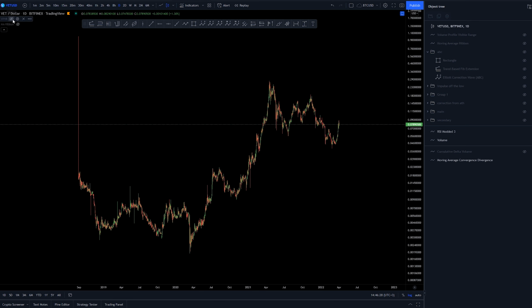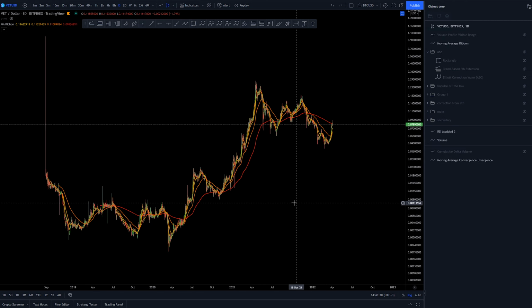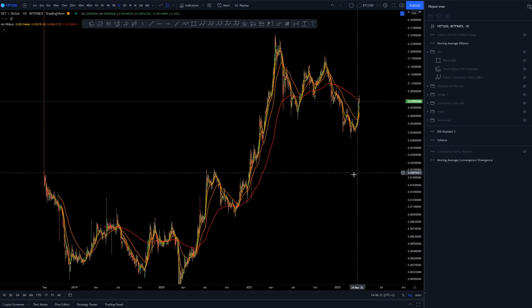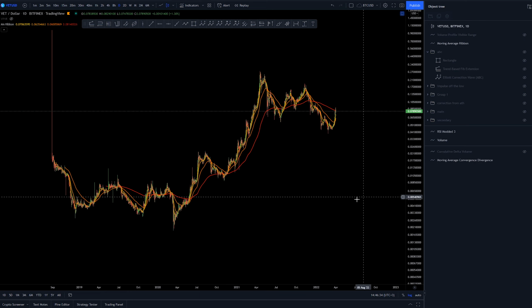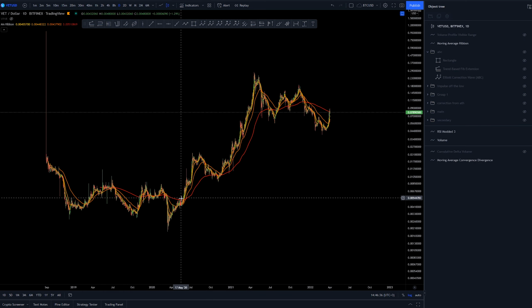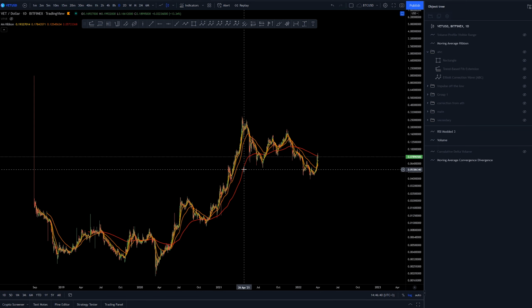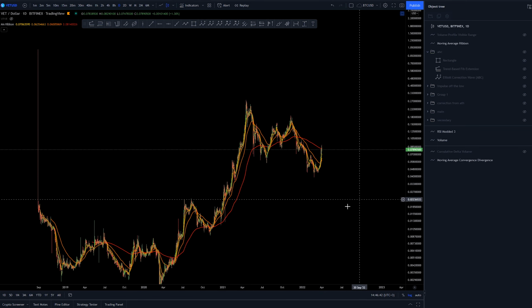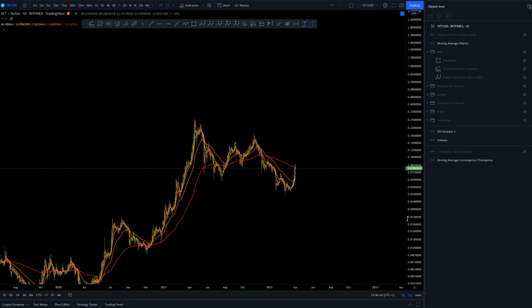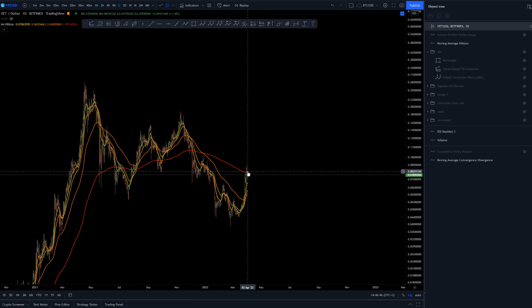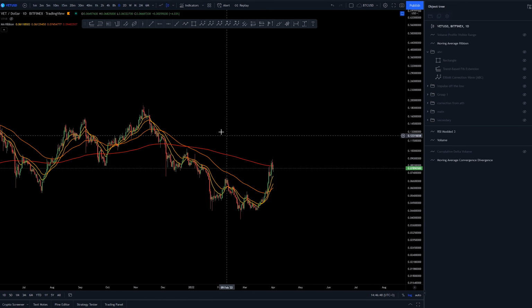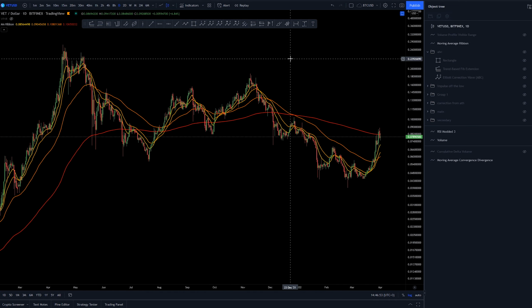So let's check out moving averages first to get a look at where we are at the moment. We've seen that mostly it has been staying above all the moving averages. The red line is 250, which I guess is the most important one here. Currently we've been rejecting off of it on this daily and could be heading lower.